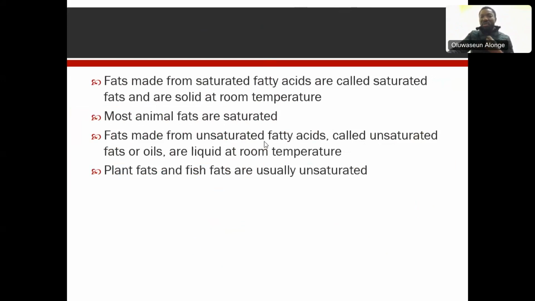Now, fats made of unsaturated fatty acid are called unsaturated fats or oil, and they are usually liquid at room temperature. That's why you notice that your vegetable oil is always liquid. It's never going to solidify at any point, regardless of the temperature in your room. Plant fats and fish fat are usually unsaturated, and that makes them more healthy to eat.